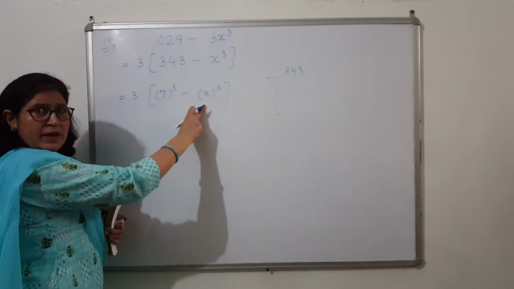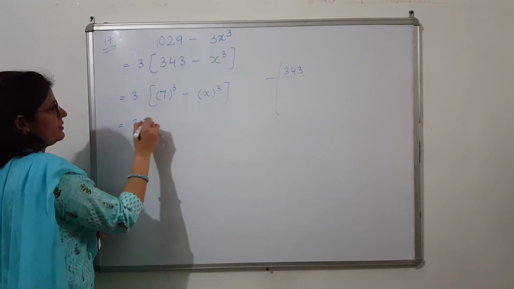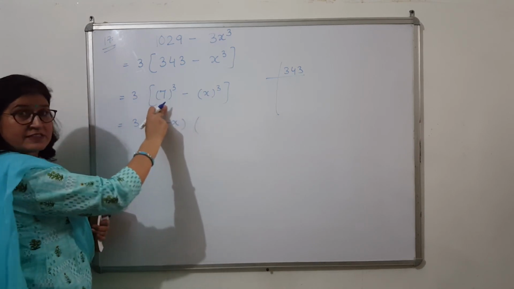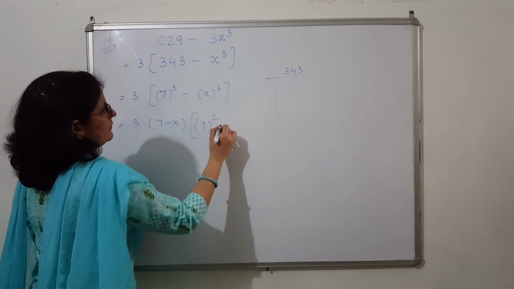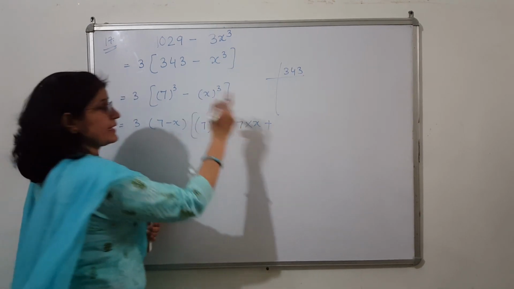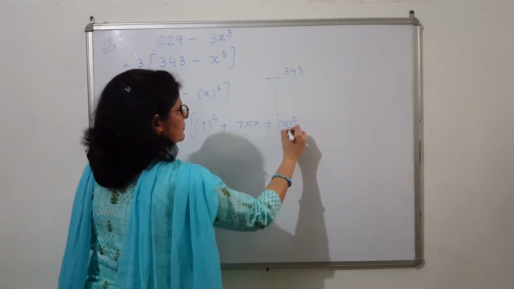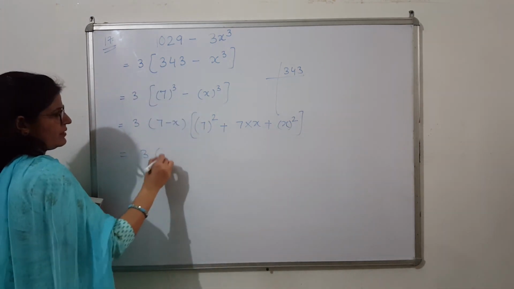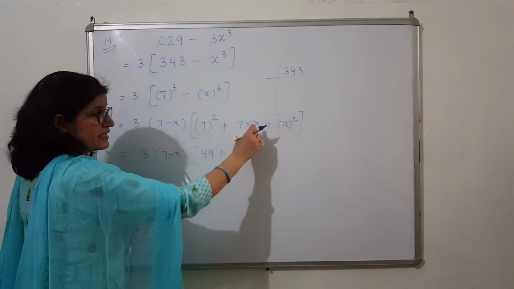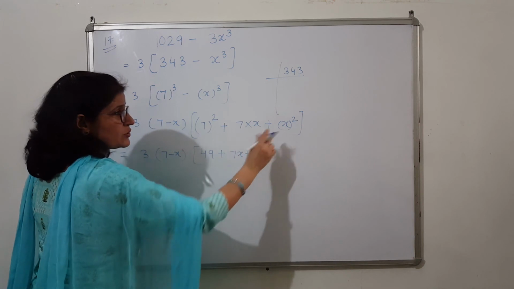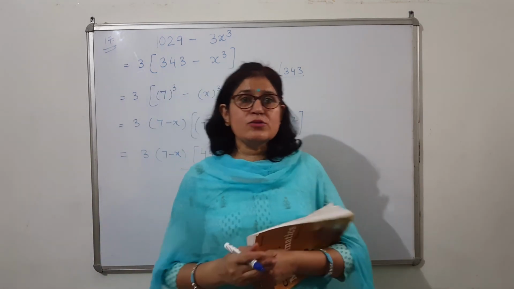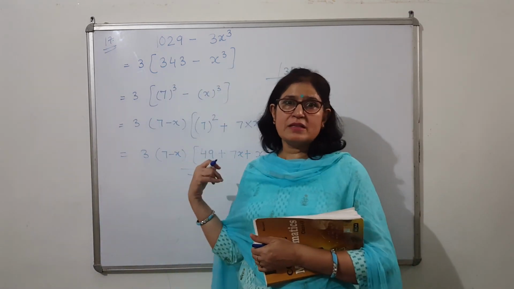We will go by the minus property here. 3 into (7 minus x), and the second factor will be the square of 7, plus their product, plus the square of the second term. 3(7 minus x)(49 plus 7x plus x square), since the square of 7 is 49, 7 into x is 7x, and the square of x is x square. These are the factors. So like this you can try the remaining sums of this exercise by using the same identity.